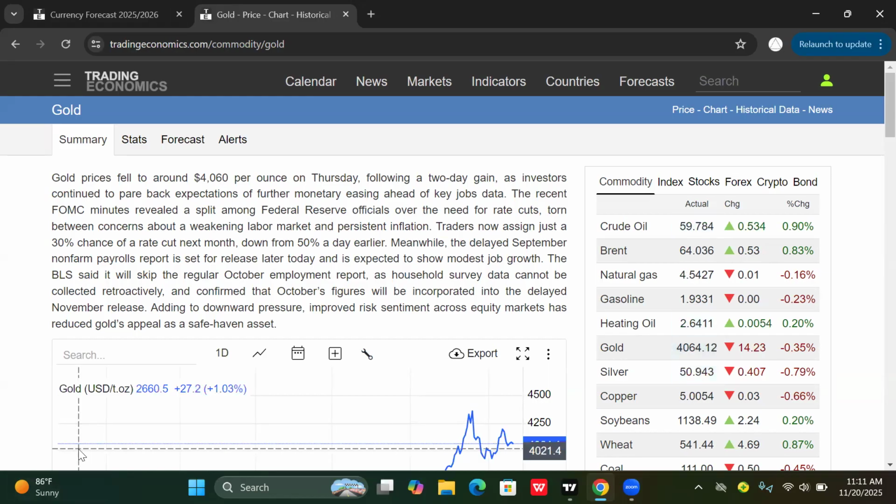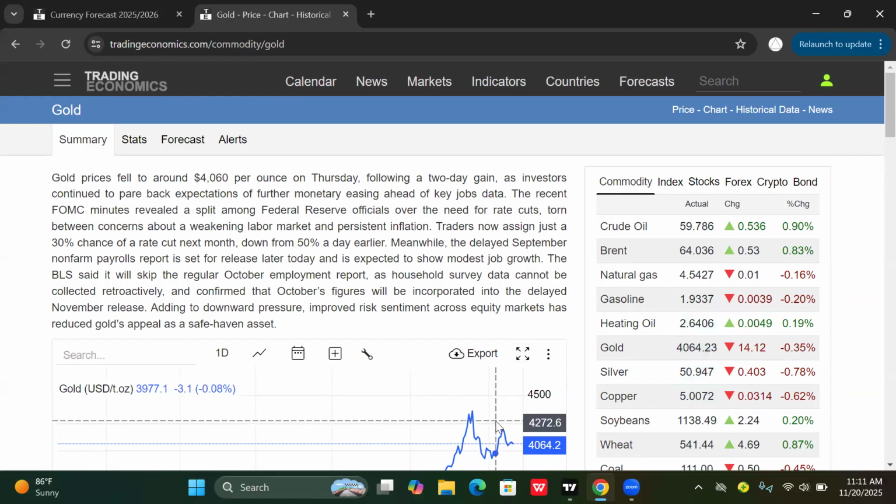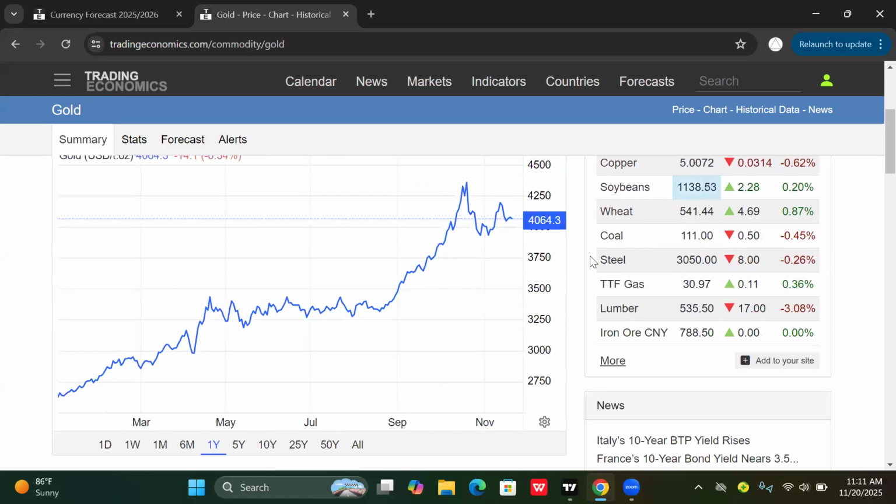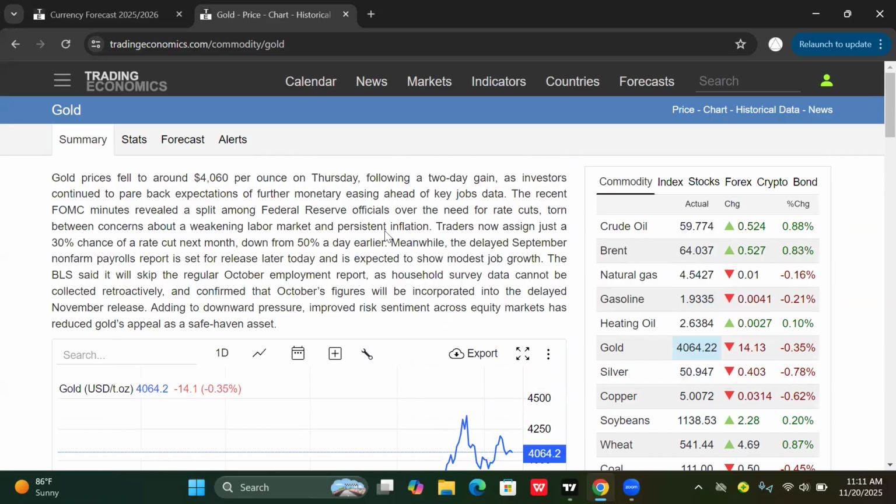So investors would definitely rush to buy gold at some point. Gold prices fell to around $4,060 per ounce on Thursday, following a two-day gain, as investors continue to back expectations of further monetary policy easing ahead of key job data.